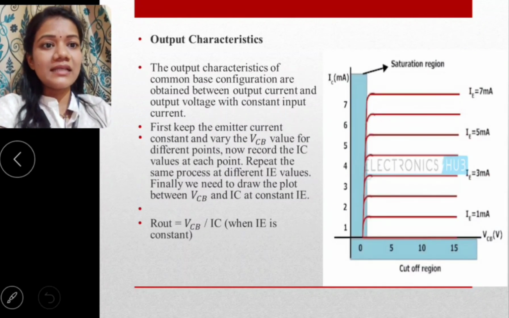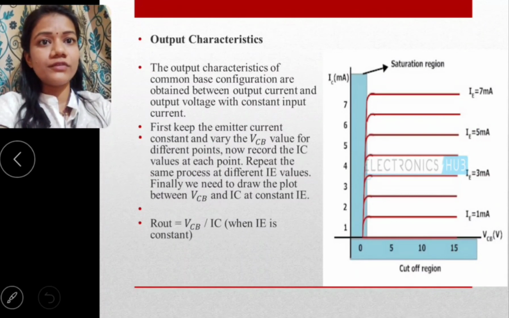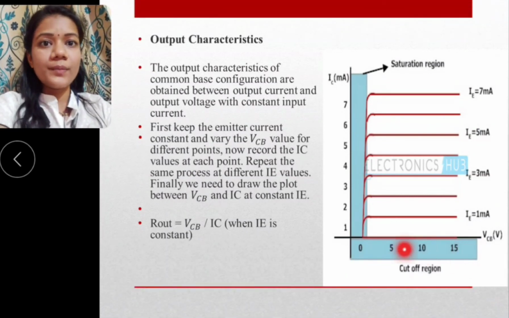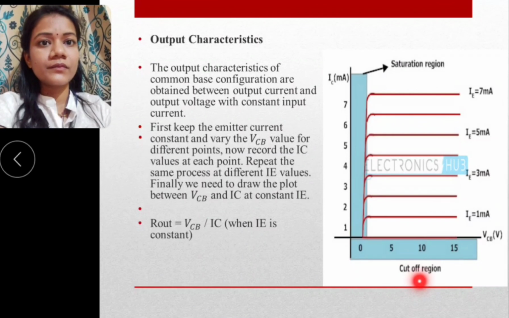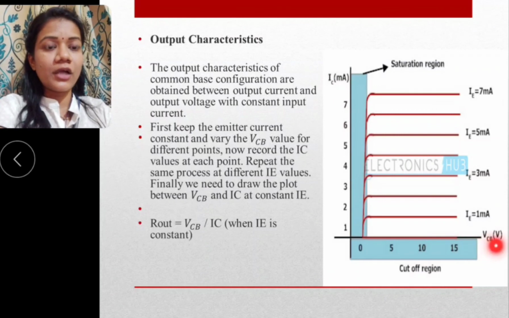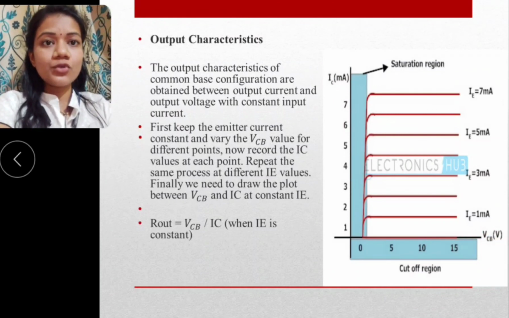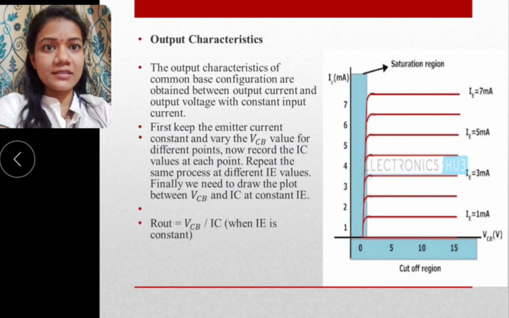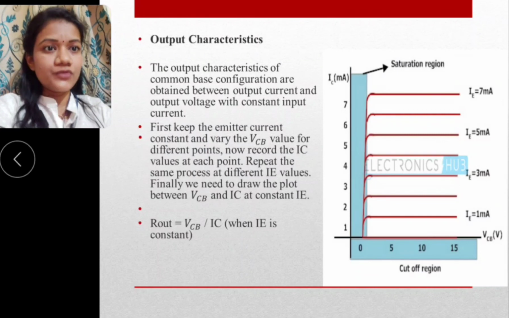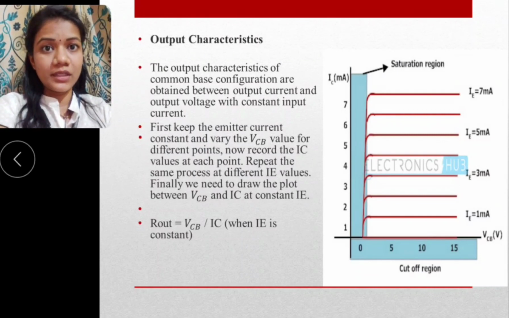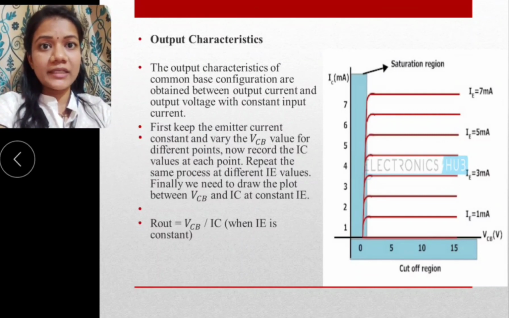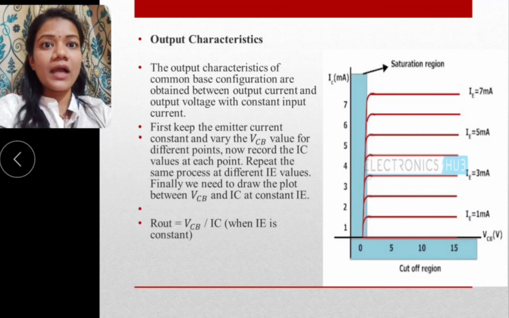Now these are the output characteristics of common base configuration. The output characteristics are between output current and output voltage, that is IC and VCB. To obtain the output characteristics between output current and output voltage, we keep the input current constant.